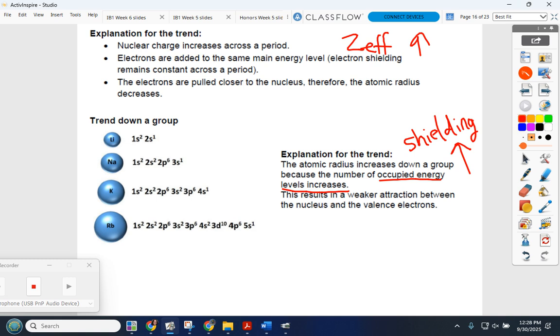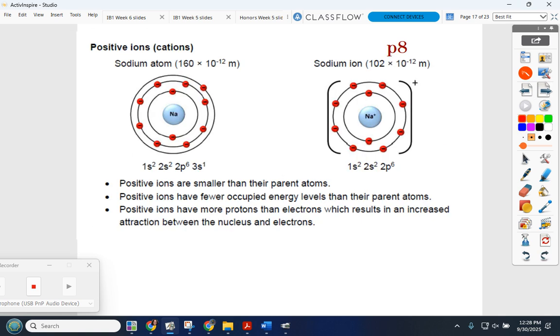Okay, so that's atomic radius, and we've covered that in Honors Chem. This should feel pretty comfortable at this point. The twist that we're adding in this class is ionic radius. If you think about how a lot of elements are found, we don't usually find sodium just out by itself, right?